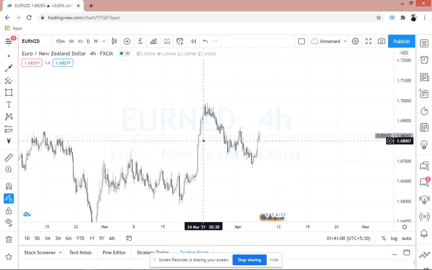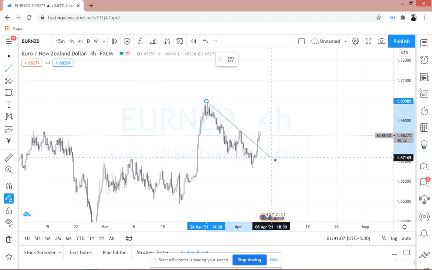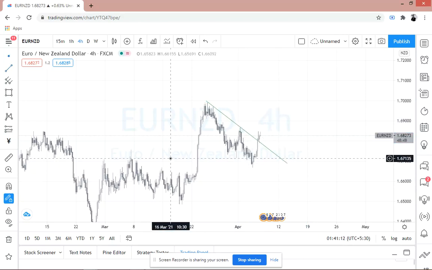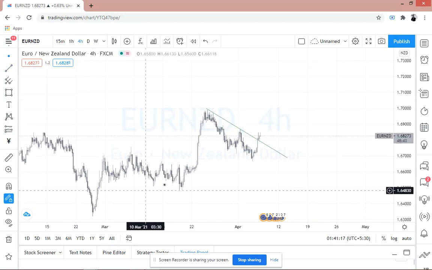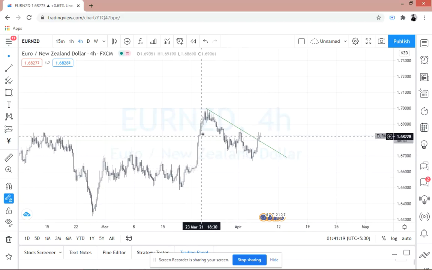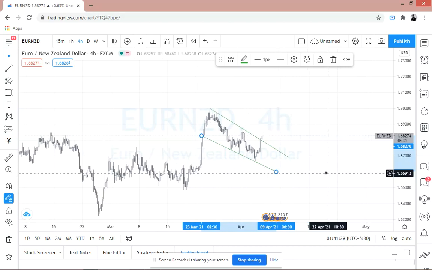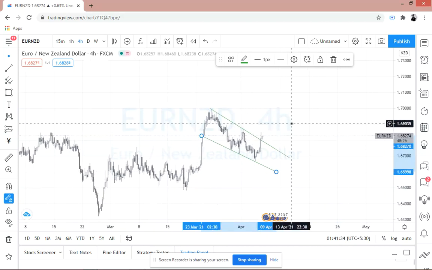So we have some sellers here. But here we have some uptrend, but the major trend is down. The major trend is down, but we have some kind of bullish uptrend here.